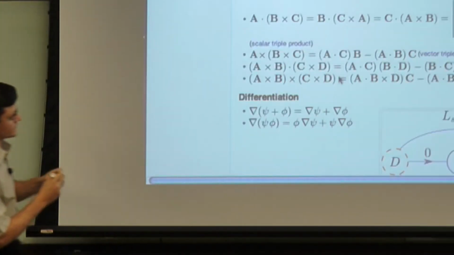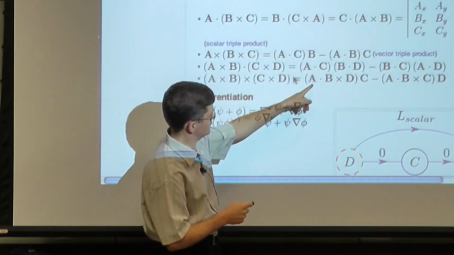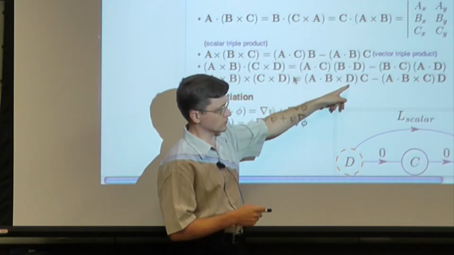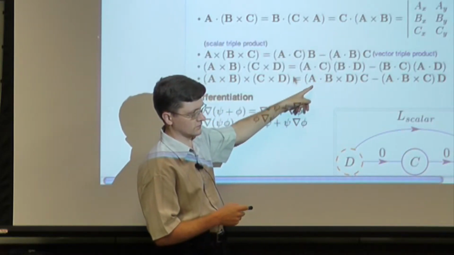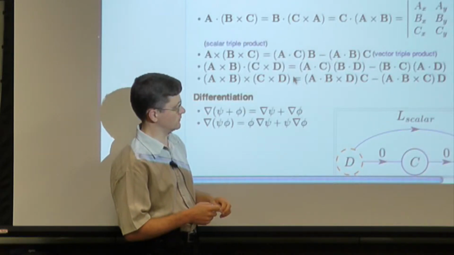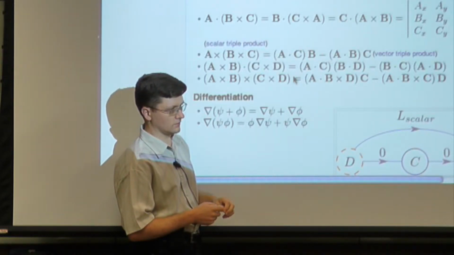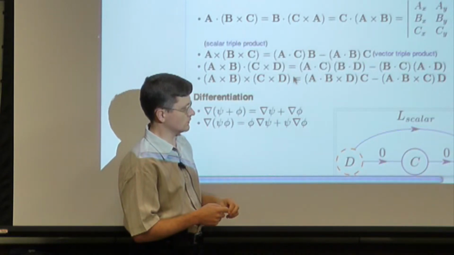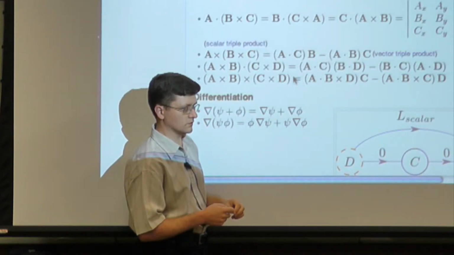So what is it saying there? Do you recognize A dot B cross D? What is that? It's just a dot product and then a vector product.